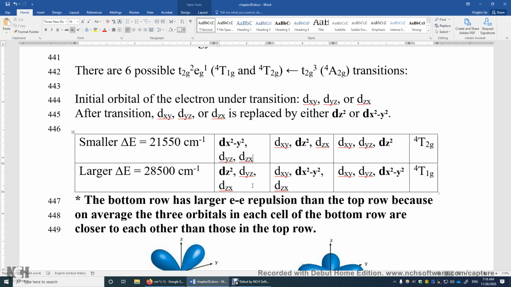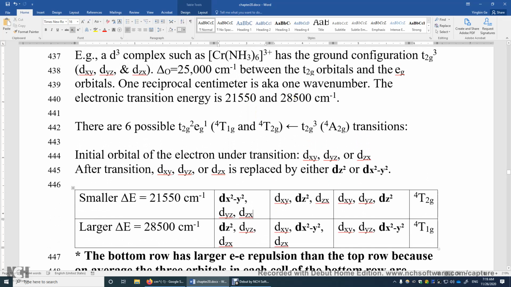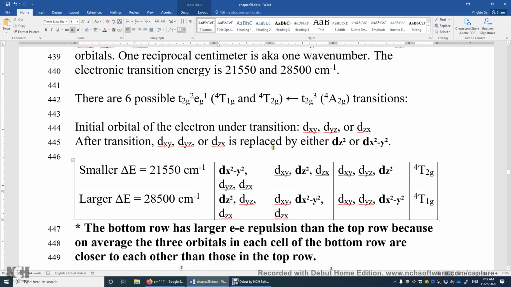And this is why you have two electronic transition energies. Again, because you can promote an electron from the t2g orbitals to the eg orbitals. There are 6 options. 3 of them are grouped into this 4T2g symmetry.